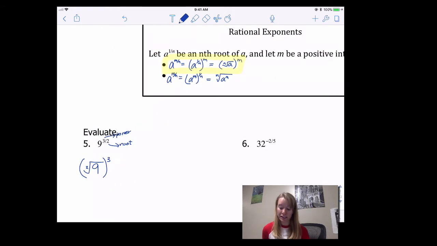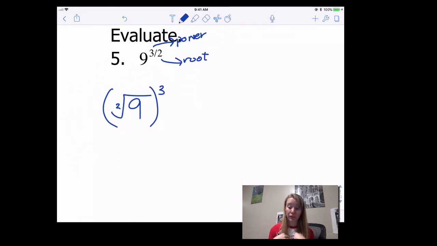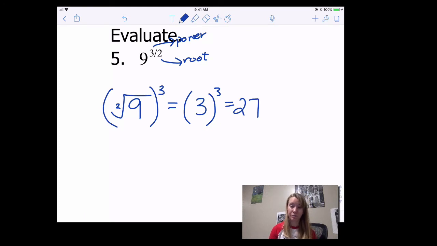A to the m over n is the nth root of a raised to the m. Now I can actually start in the parentheses and simplify. So we know what the square root of 9 is. The square root of 9 is 3. So I can just simplify the square root of 9 to be 3, and then I still have to take the third power. And then 3 to the third is 27. So our final answer is 27.